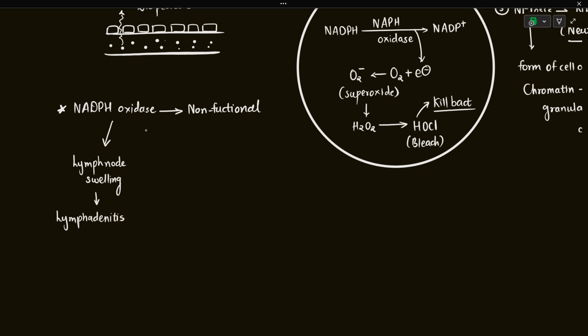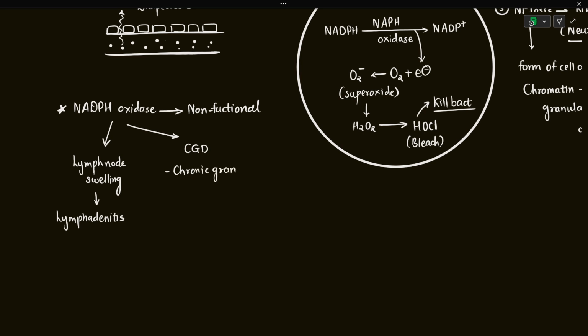The other serious problem which can arise due to non-functionality of NADPH oxidase is the disease known as CGD, chronic granulomatous disease, which can also be hereditary. It is a genetic disease.